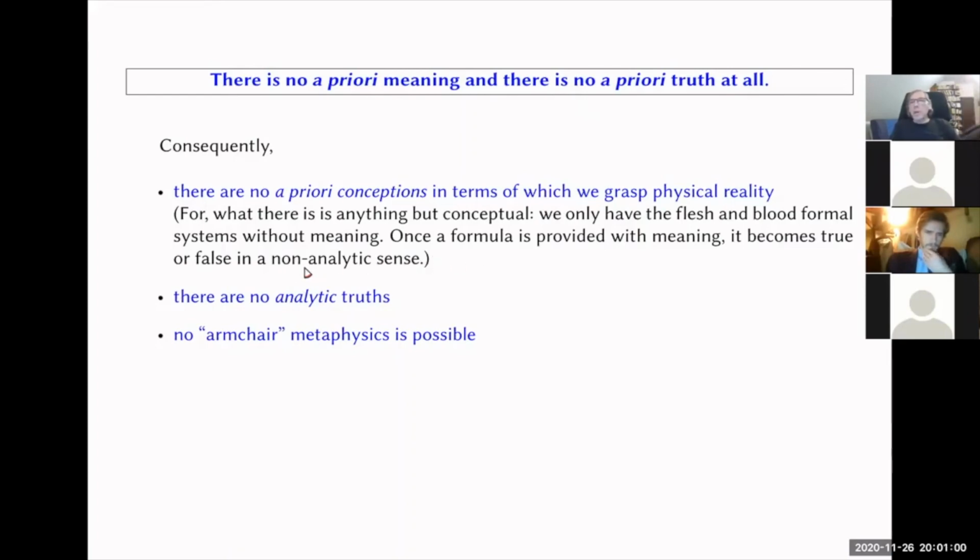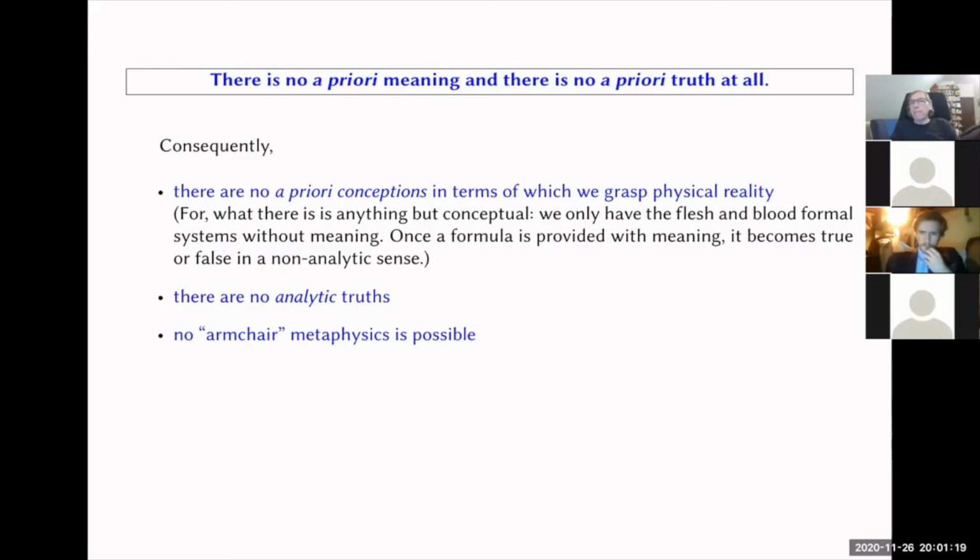And once we have a semantics, the sentence becomes true or false, but not in an analytic sense, but in an a posteriori sense.